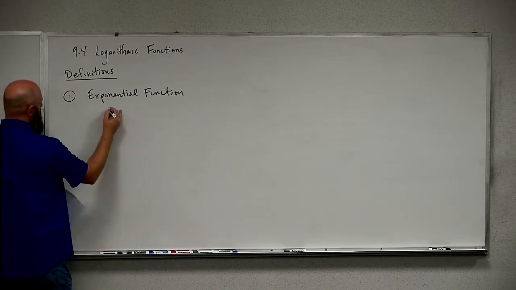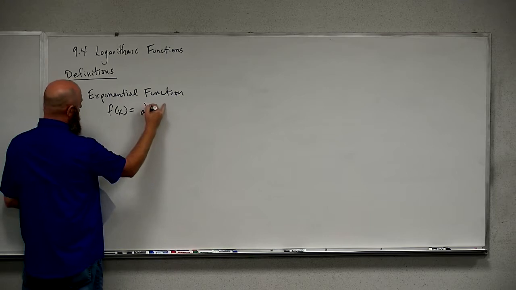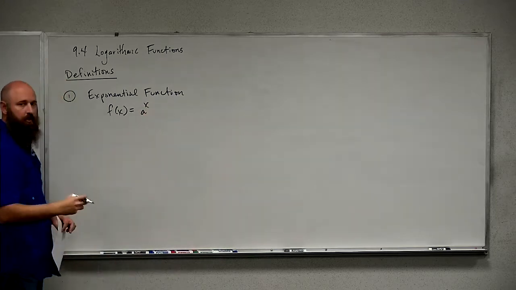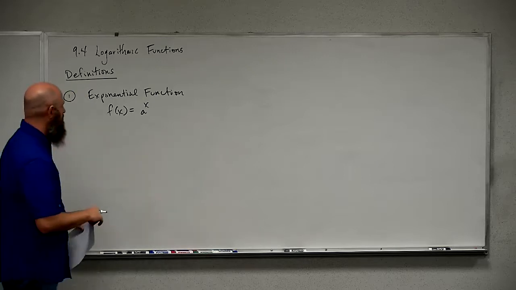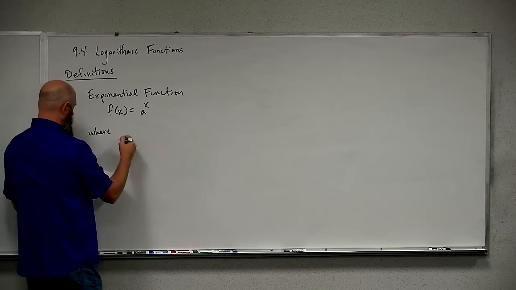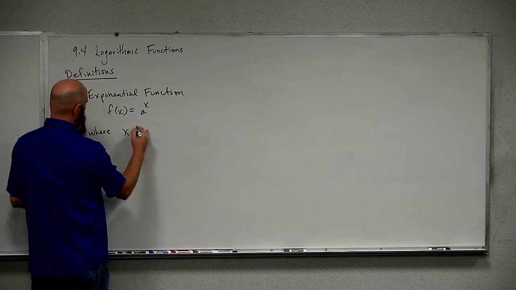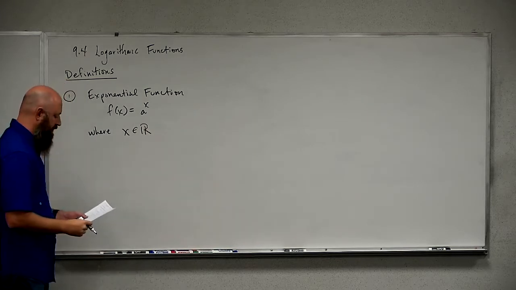Okay, and this is a function where f of x equals a to the x power. Notice that my variable is in the power here. We do have to know where x is a real number.